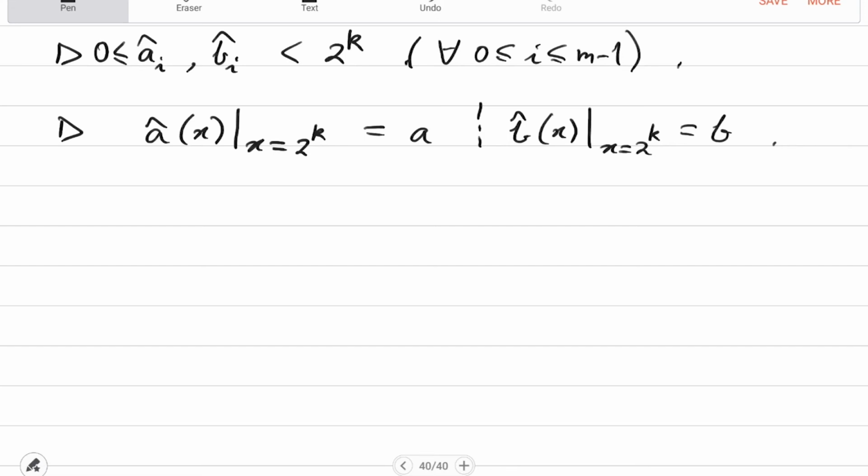But we have to check whether this actually happens. I can also say something about the degree. The degree of a hat and the degree of b hat is less than m. So let us look at the coefficient in the product.